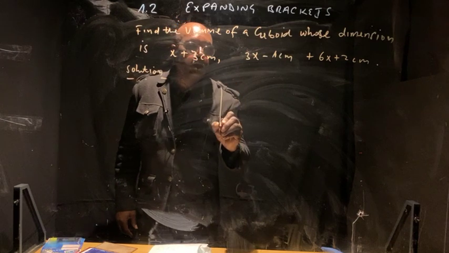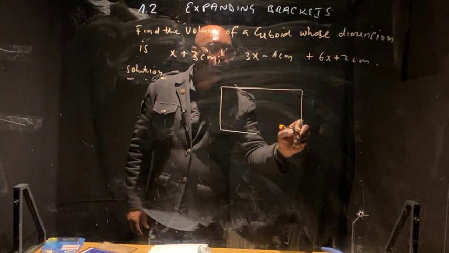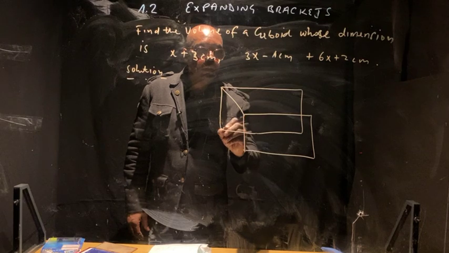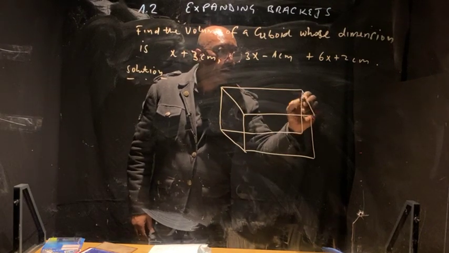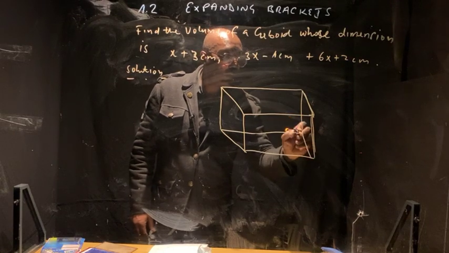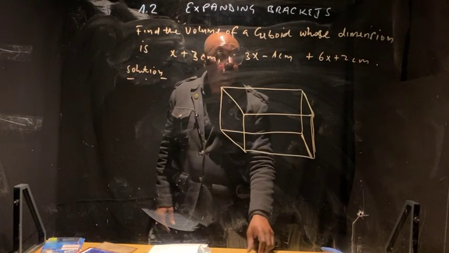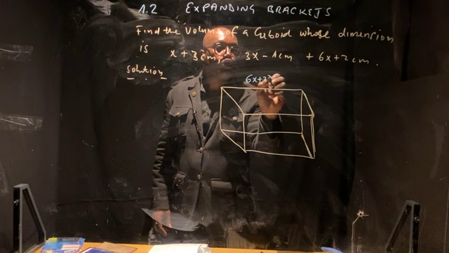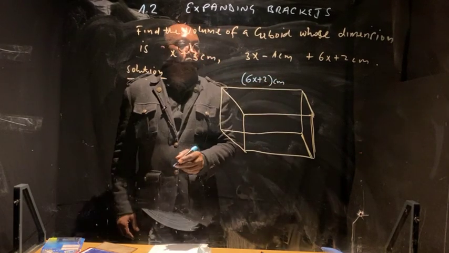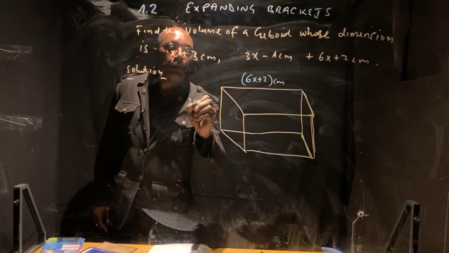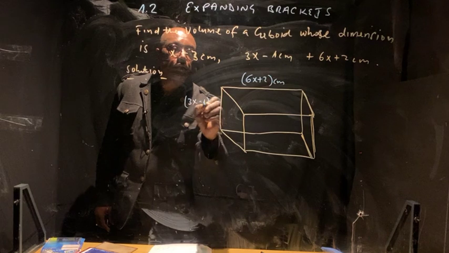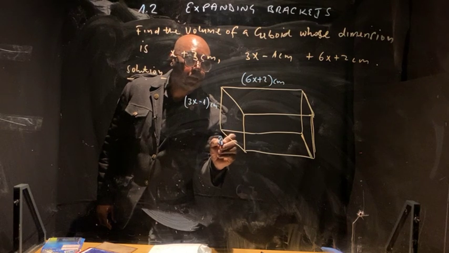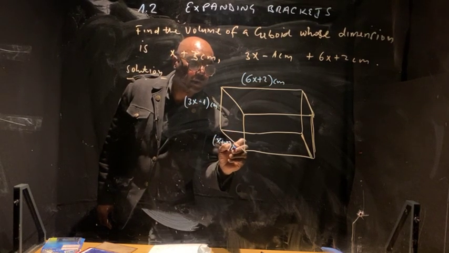Assuming this is the cuboid, and let's say this length is 6x plus 2 centimeter, and let's say this one is 3x minus 1 centimeter, and let's say this one is x plus 3 centimeter.